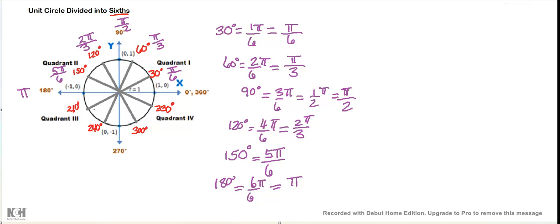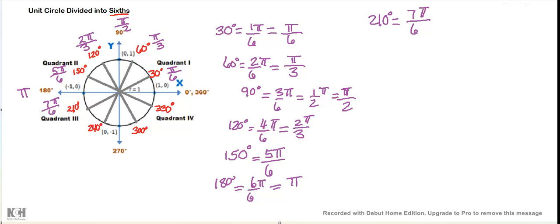Alrighty, we're adding another 30 degrees, takes us to 210 degrees. 210 degrees equals, this one was 6 of them, so here we have 7 of them. And that is reduced as an improper fraction, so we have 7 pi over 6.